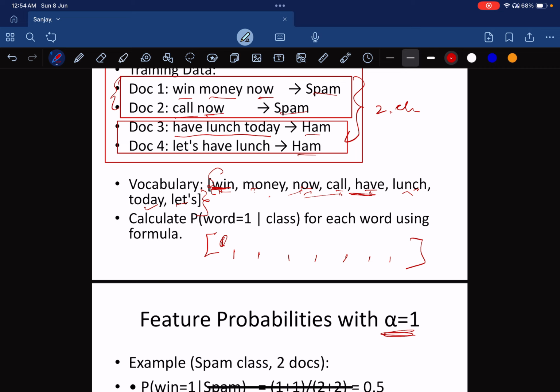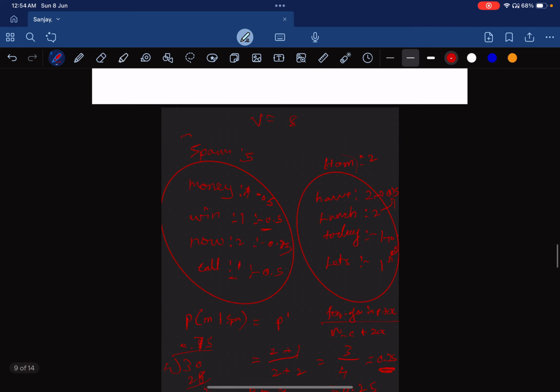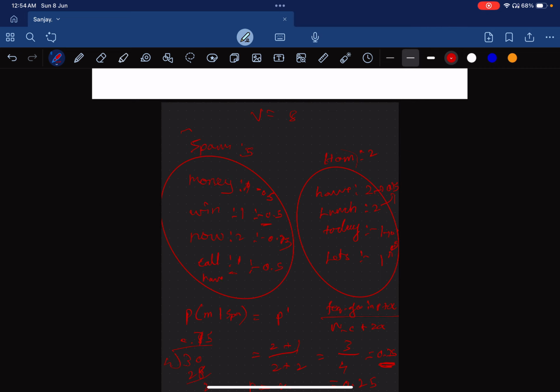For example, a word like have may have frequency 0 in one class but frequency 2 in the other. Whatever words are missing, like today, have a frequency of 0.